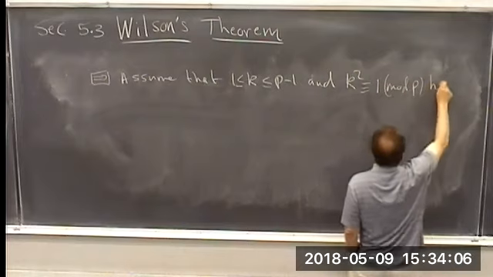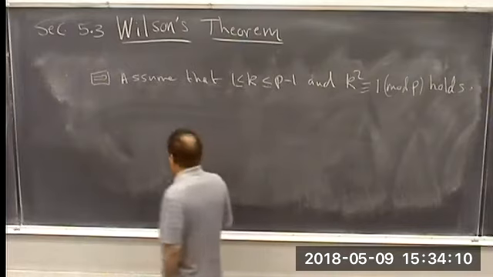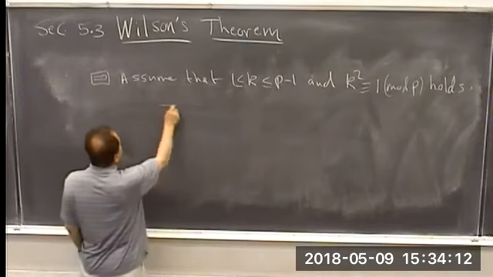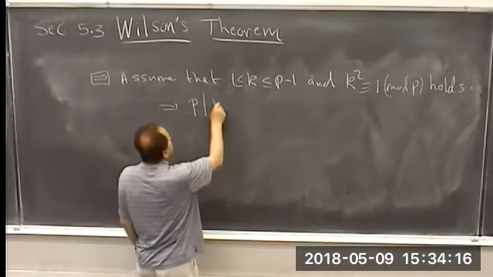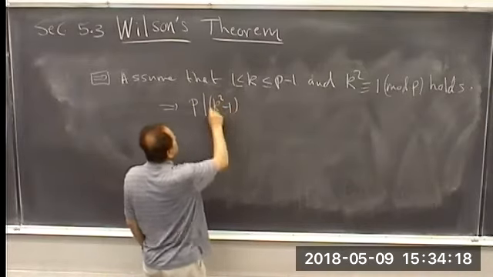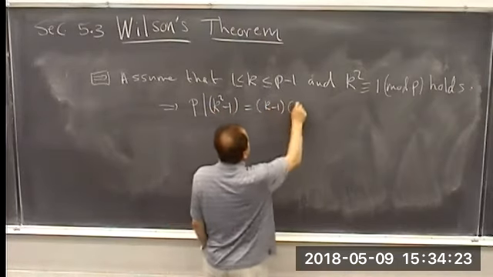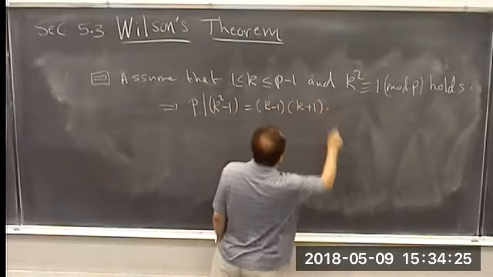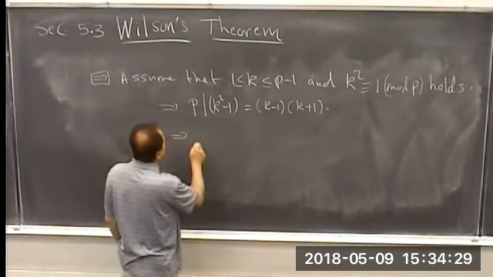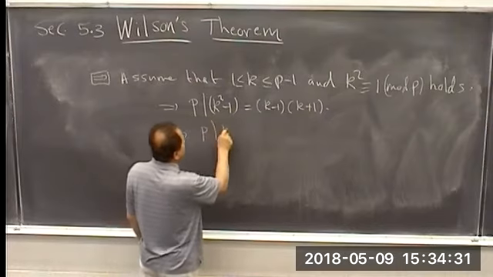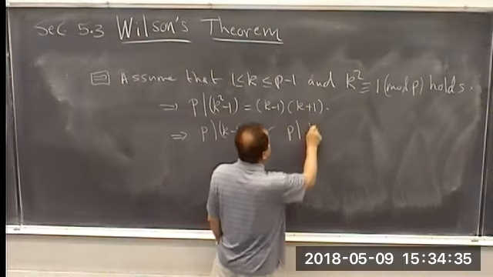So we have a correct congruence relation. Well, this implies that p divides k squared minus 1, which is equal to k minus 1 times k plus 1. Since p is a prime, it is going to divide one of these. So this implies p divides k minus 1, or p divides k plus 1.